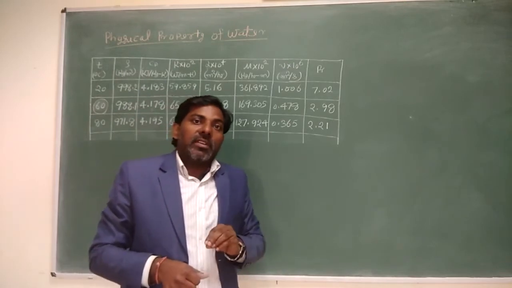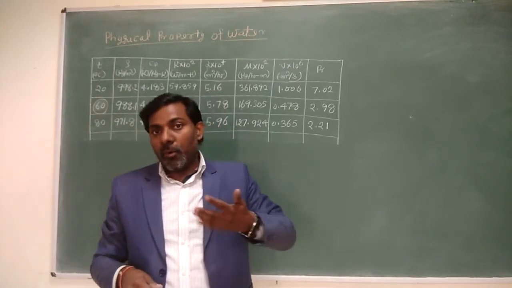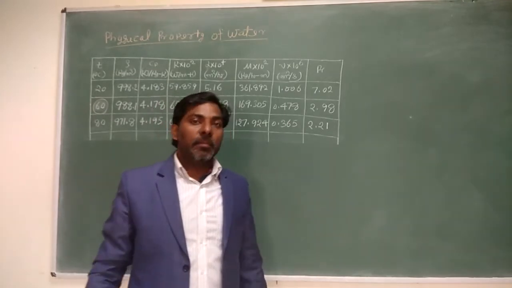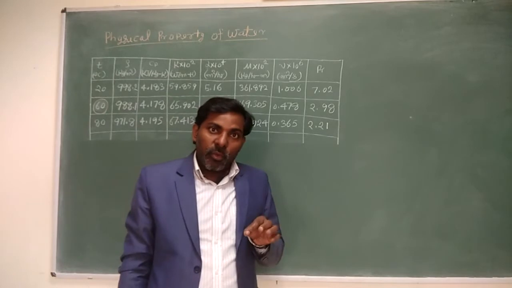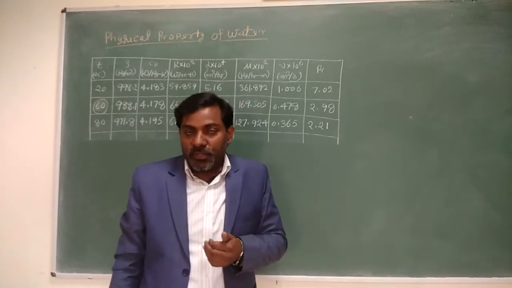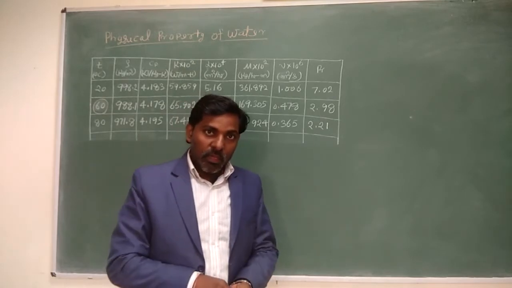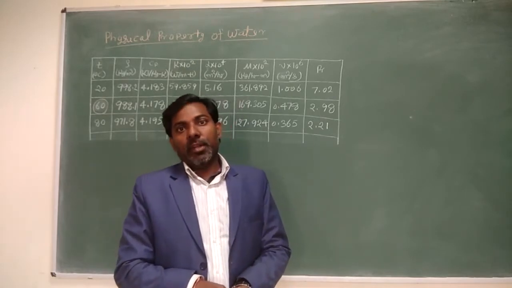In forced convection, when the fluid is flowing over the surface, the properties are calculated at the mean film temperature. And when the fluid is flowing through a duct, tubes or pipes, the properties are calculated at the mean bulk temperature.